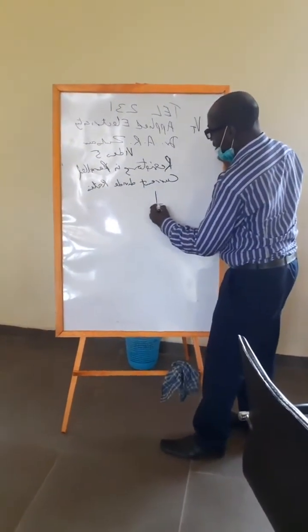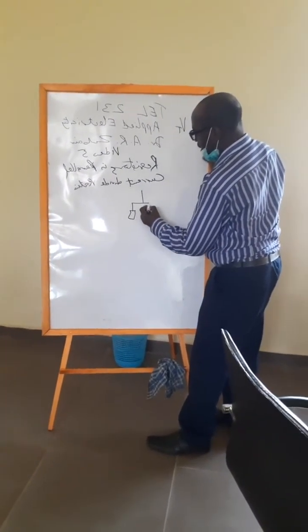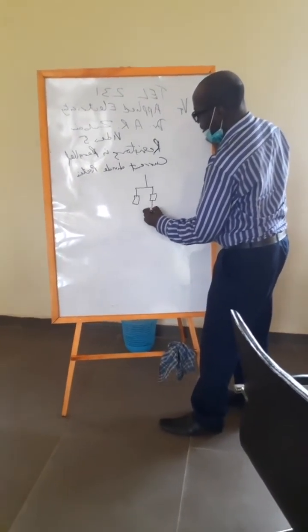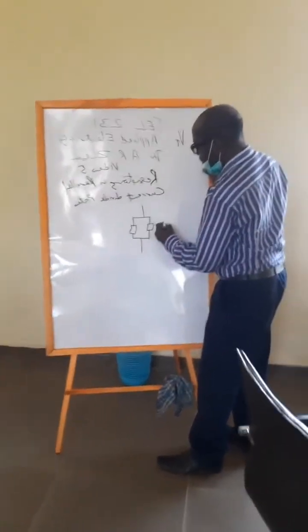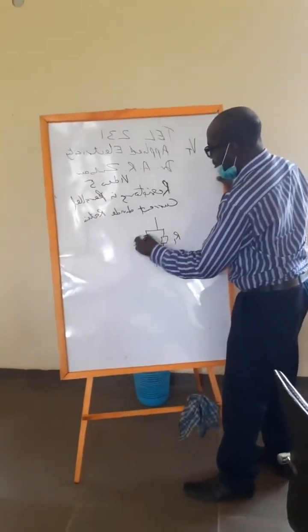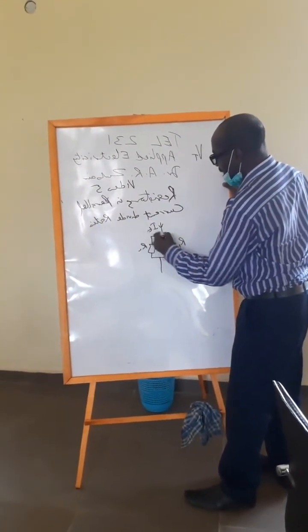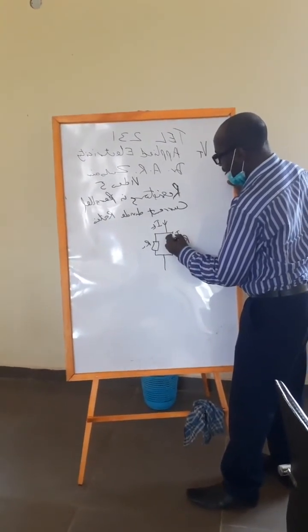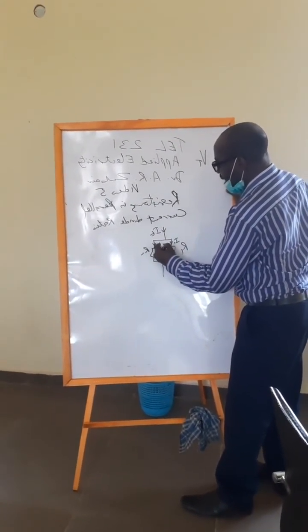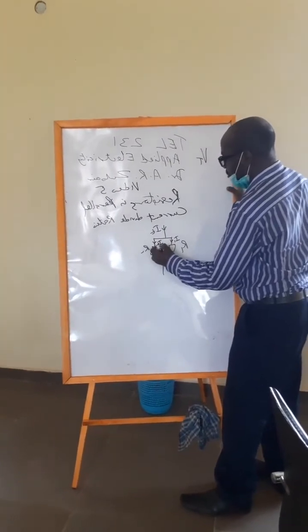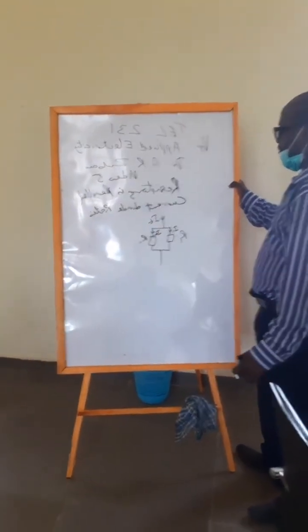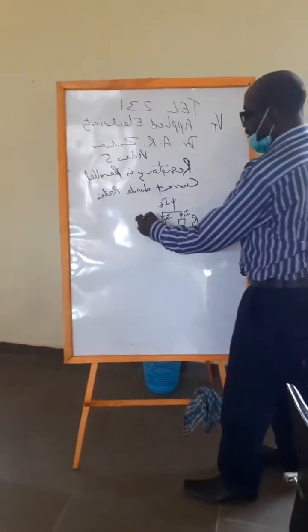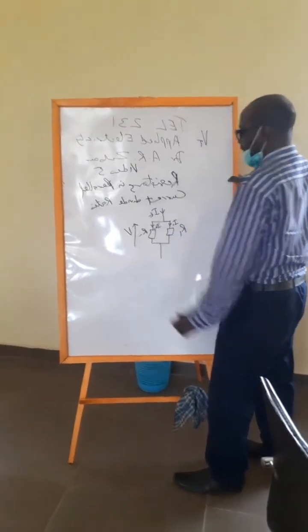So if I have 2 resistors, if this is R1, R2, this is the I total. This is I1, and this is I2. Now, you know this is V, the same voltage across there.